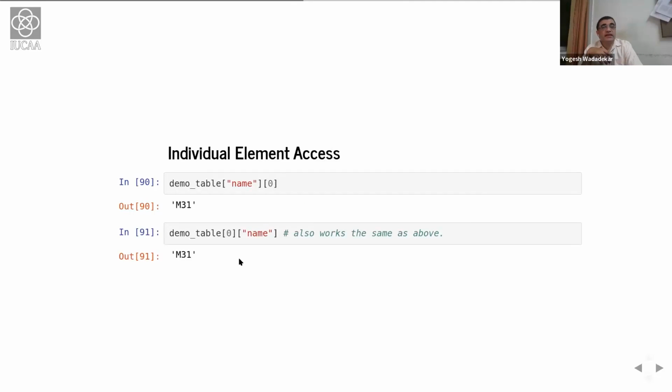You can access individual elements in this way or this way. So demo table name 0 means give me the name of the object which is in the first row, the 0th row, and then print M31. You can also do demo table 0 name, which works the same way, because this will return the first row, and this square bracket will return the name entry for that specific row.